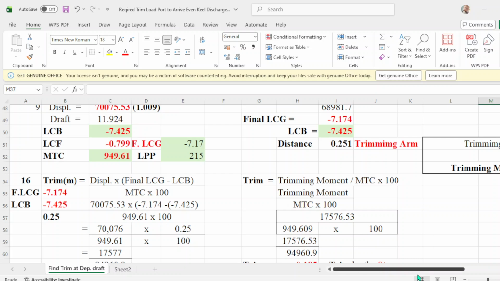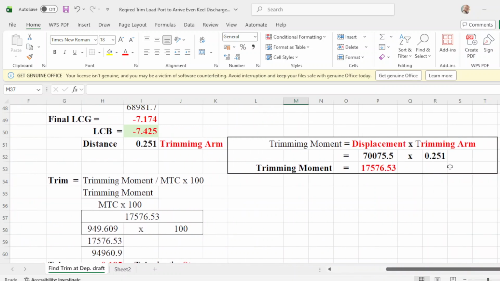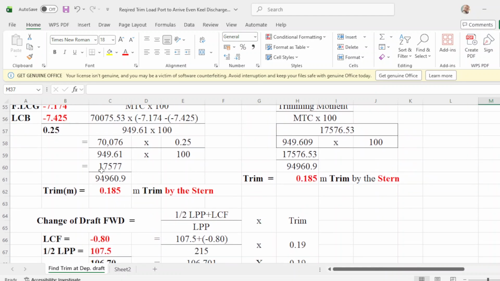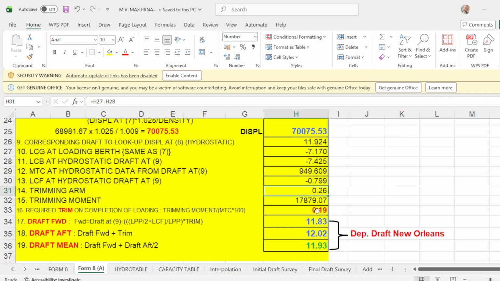Trimming arm times displacement is your trimming moment. That's why your trimming moment here over MTC times 100. So it's the same. Bring down the displacement times the trimming arm, MTC times 100. So multiply this one, that will be 1757.7. Multiply this one, that will be 949647. Divide, and the trim is 0.1852, which is almost 19 meters, which is the same here. Okay, so that is the trim that we have now.